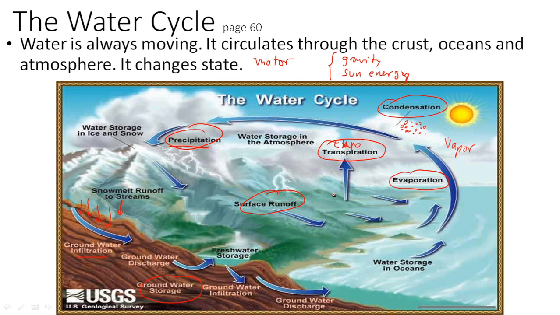Los seres vivos, mediante la respiración, fotosíntesis, mediante el sudor, liberan agua que pasa a la atmósfera en forma de vapor. Y eso se llama evapotranspiración. So that's why it's important when we draw the water cycle to draw some trees to represent the evapotranspiration.